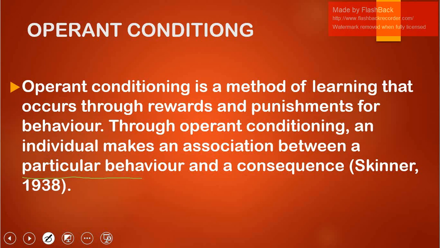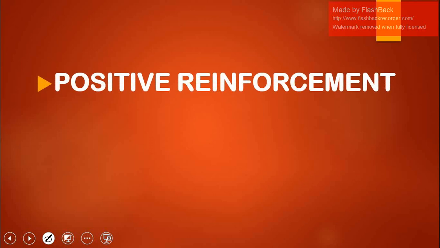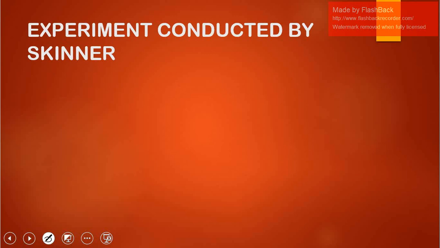This is how language is learned by babies, according to this theory. Positive reinforcement, I think we have discussed much. I thought I needed to discuss this further, but I think there is no need for that. And negative reinforcement, okay, now the experiment conducted by Skinner to prove his behaviorist theory.